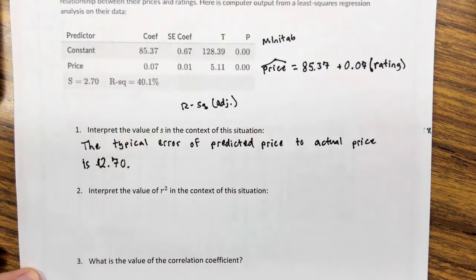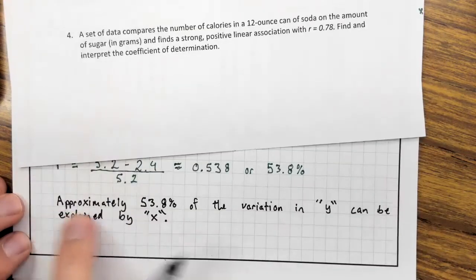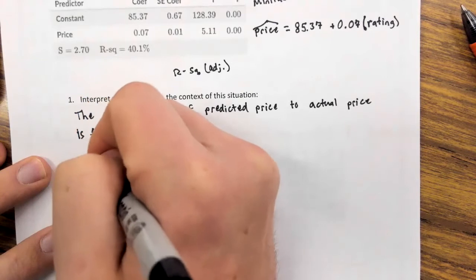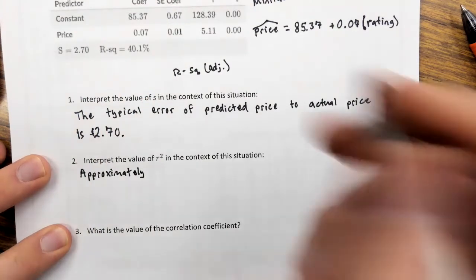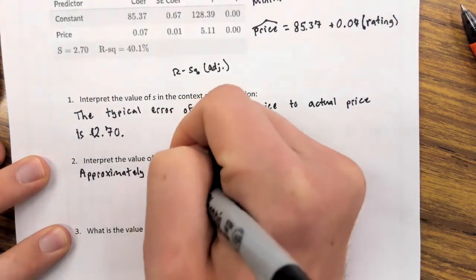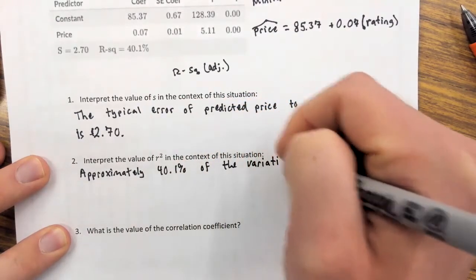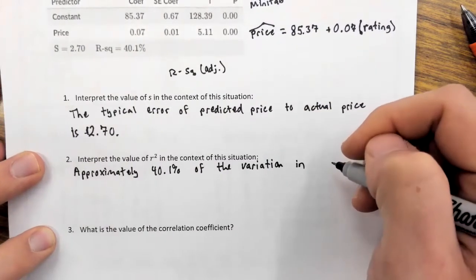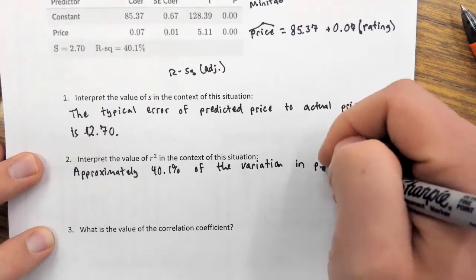So anyways, interpret the value of R squared. This statement that I wrote down here is really the format that you can follow. Approximately 40.1% of the variation in, and this is where we put our response variable, price.